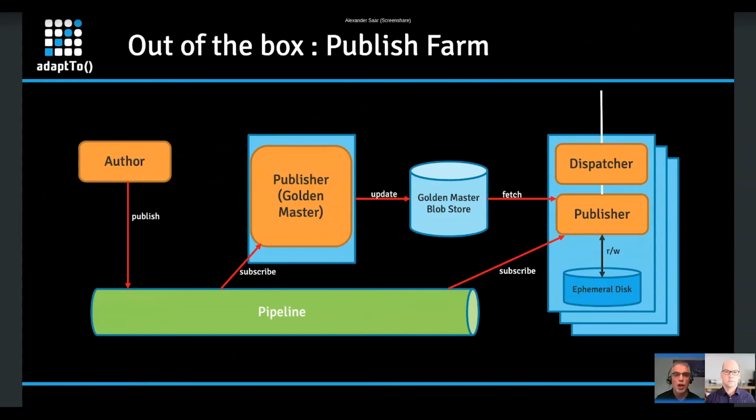Now, when new instances start, due to scaling or due to code update, they pick up that content from the blob store first, and then pick up all newer activation messages which might have arrived in the pipeline. And with that mechanism, new publishers are up and running with latest content very quickly and efficiently.